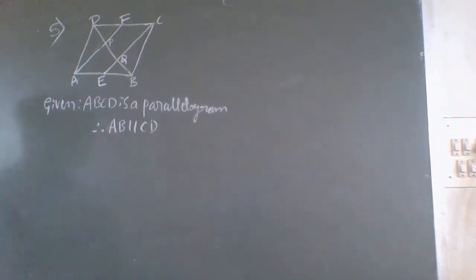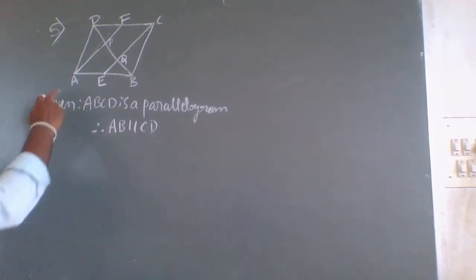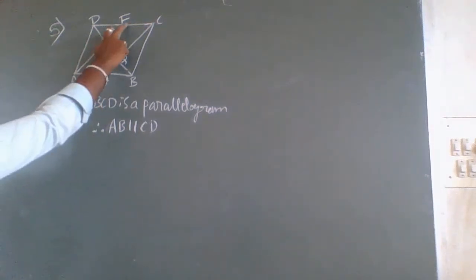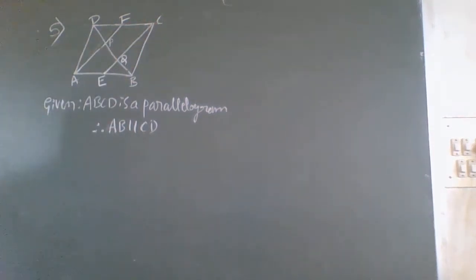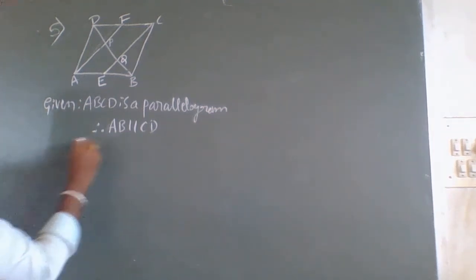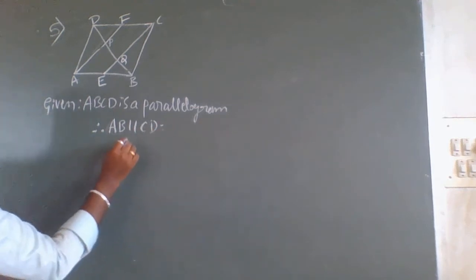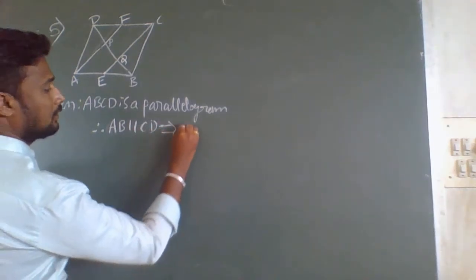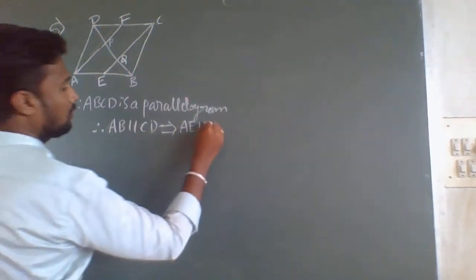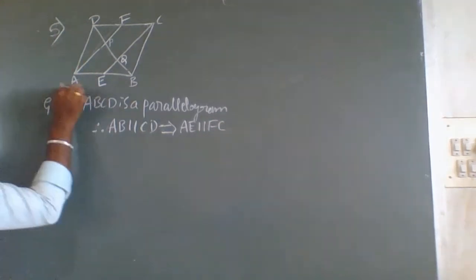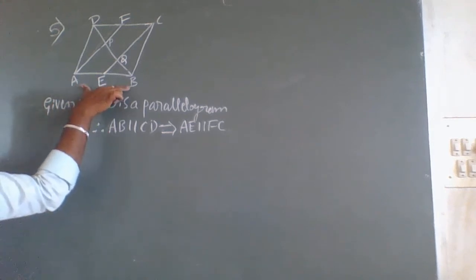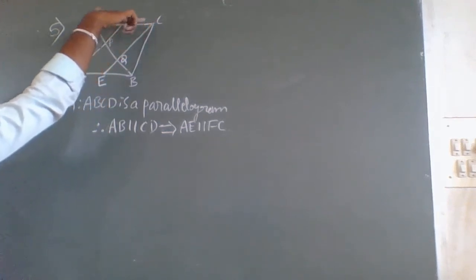Hence AE is also parallel to FC. Why? Here AB is parallel to CD, and AE is part of AB and FC is part of CD.